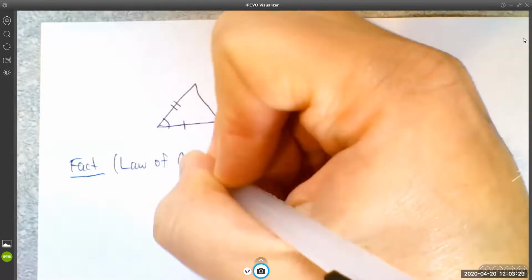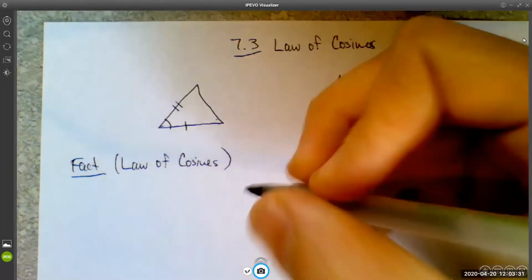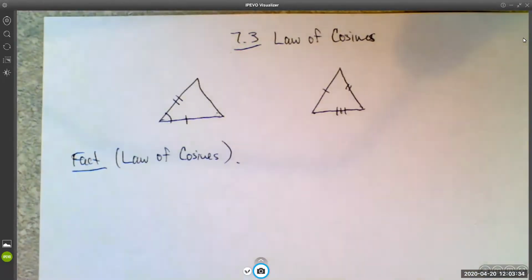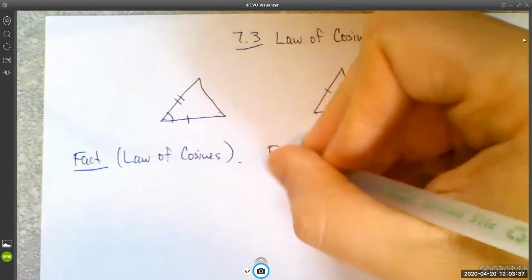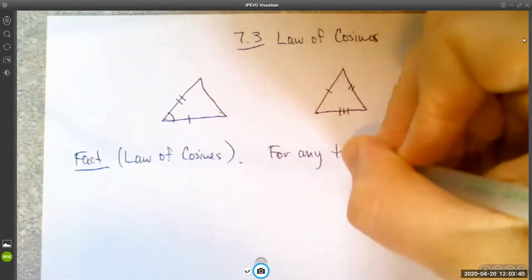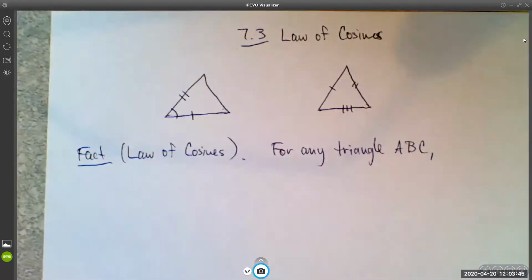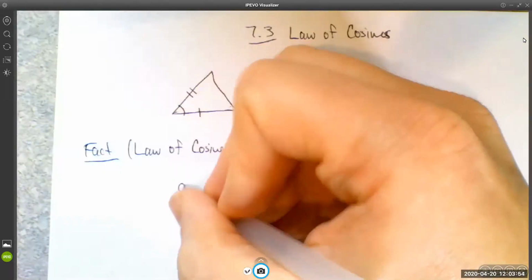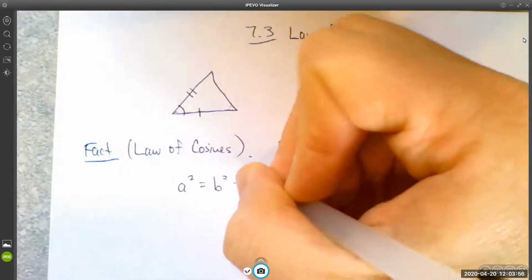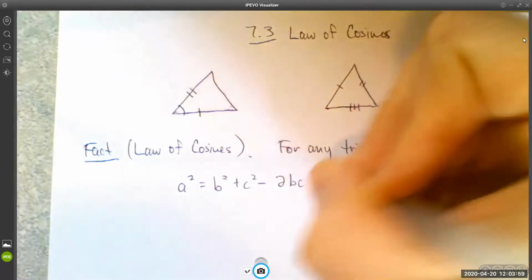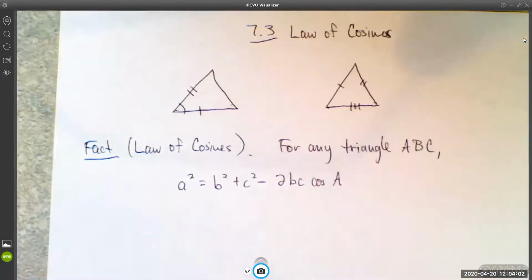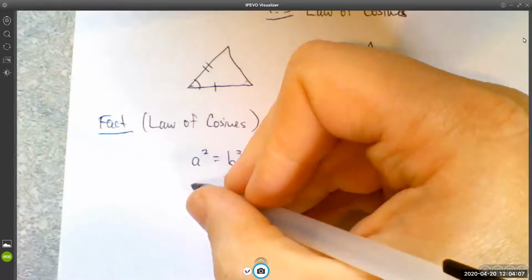And the law of cosines, as it turns out, is just an extension of the Pythagorean theorem. And you'll see what I mean when we write this down. So law of cosines says, for any triangle ABC, if the angles are capital A, B, and C, then the sides are lowercase a, b, and c, right? So for any triangle ABC, we have a squared equals b squared plus c squared minus 2bc cosine A. You might look at that and say, well, that doesn't look like Pythagorean theorem at all, but it is related.